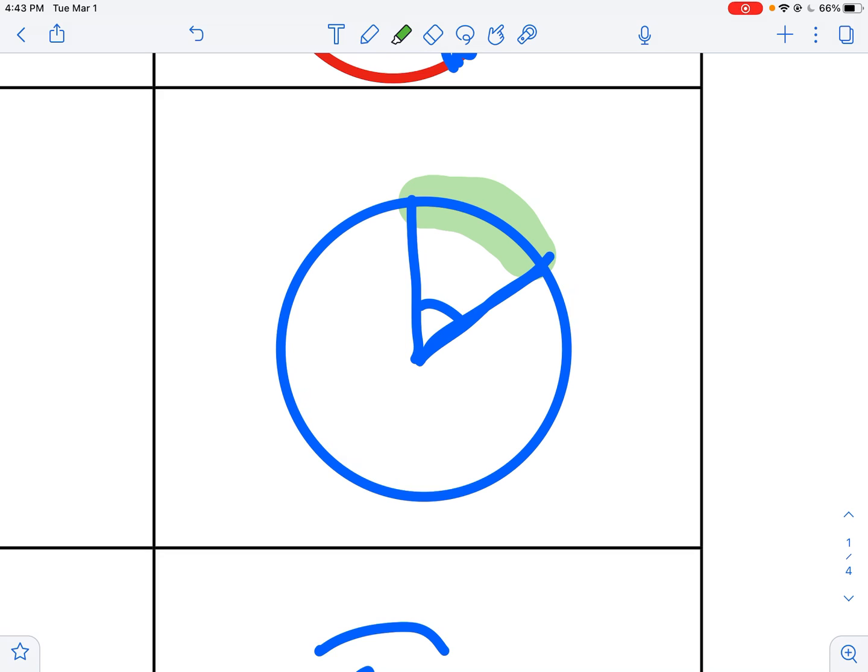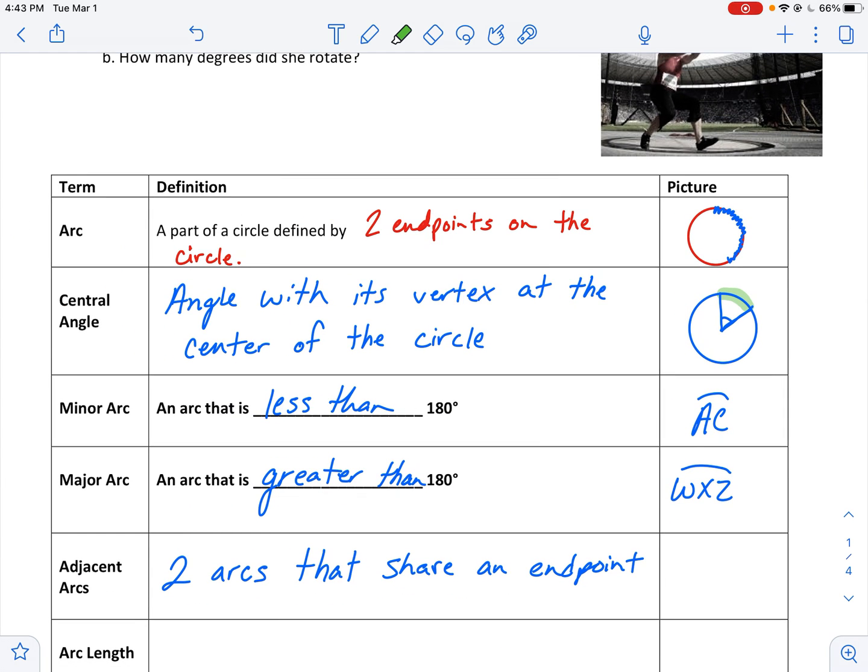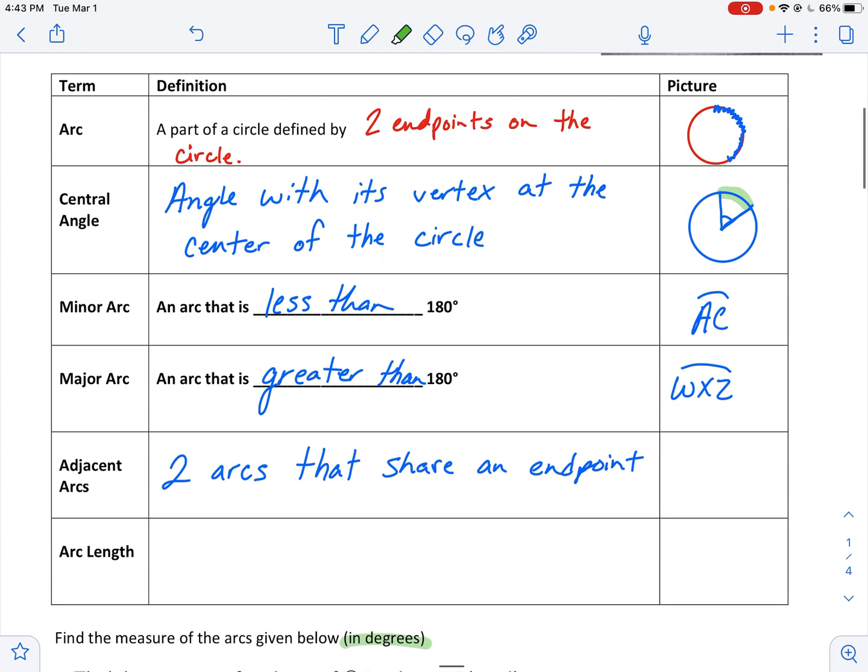Now, anytime you're looking at the intercepted arc, if you're looking at a minor arc, it's going to be smaller than 180. If you're looking at a major arc, that is an arc that is bigger than 180. And if it's exactly 180, then it would be a semicircle. I can tell the difference between a minor arc and a major arc or a semicircle by looking at the way that it's named.